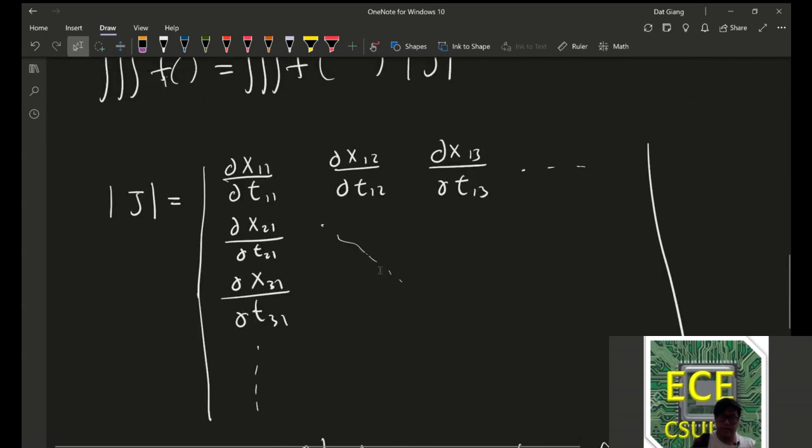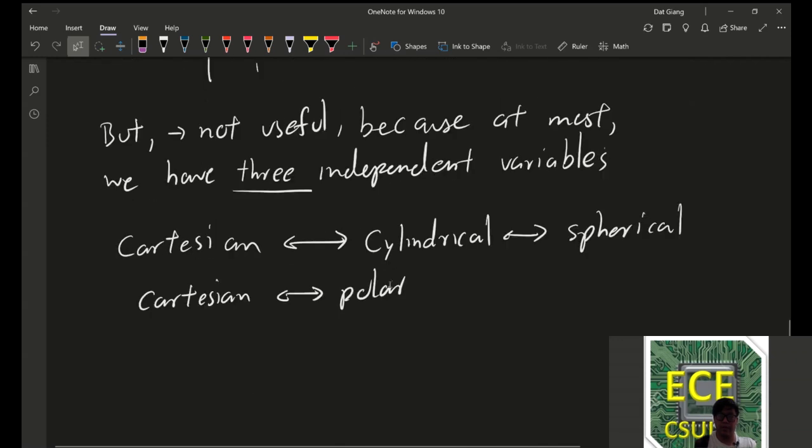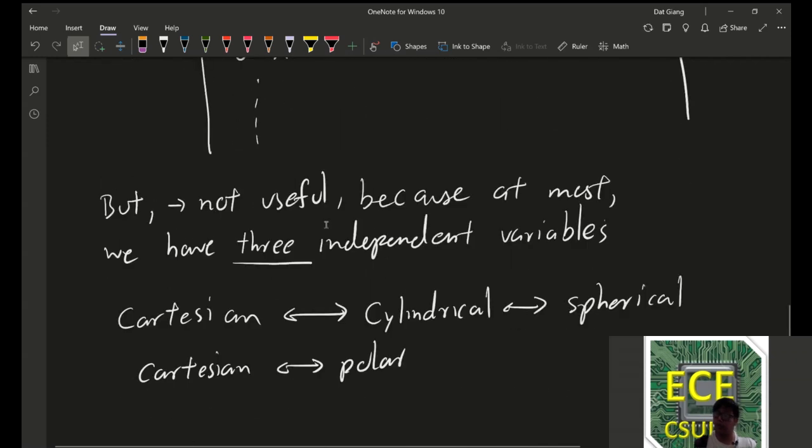However, looking at this space, if we were to express a general way to find the Jacobian, this would be how we would do it. However, as mentioned before, this isn't useful because of the fact that our minds cannot really practically understand 4D, 5D, 10D spaces. This becomes more of an abstract mathematical object.